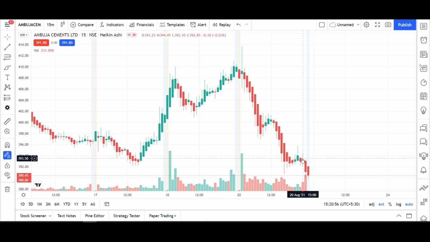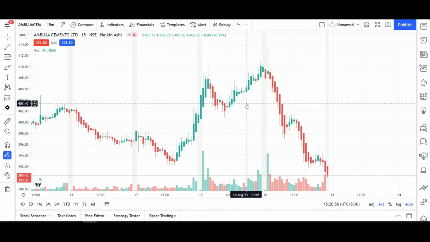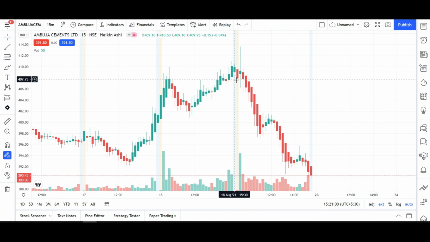So in the Heikin-Ashi chart, each candle is formed by the average of the previous candle. The average of the opening and the closing of the previous candle is the opening of the next candle. So the opening of this plus the closing of this candle, divided by 2, is the opening of the next candle.